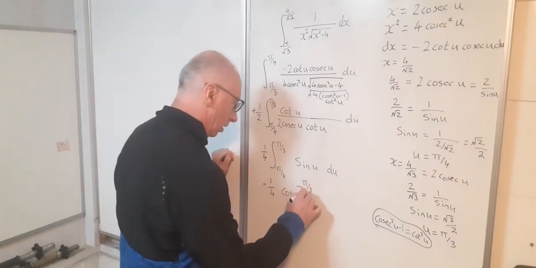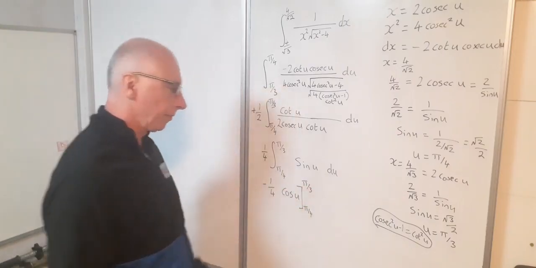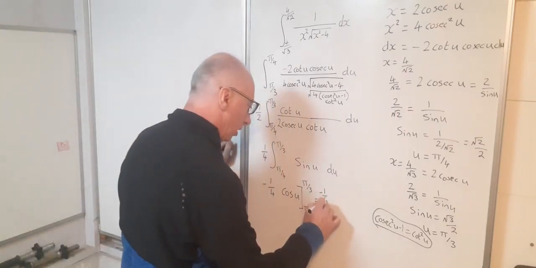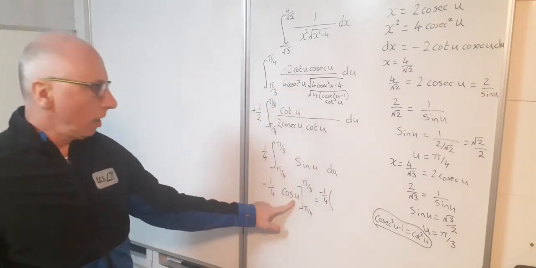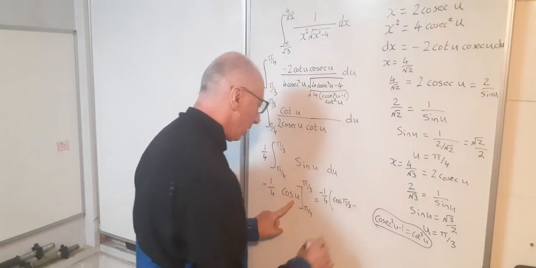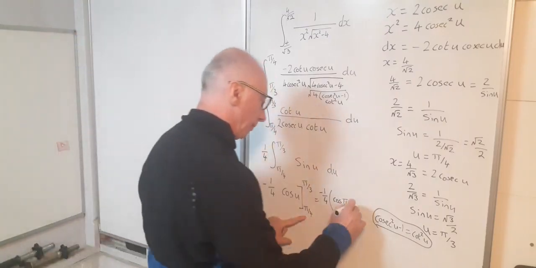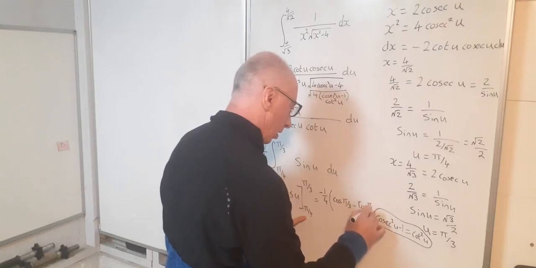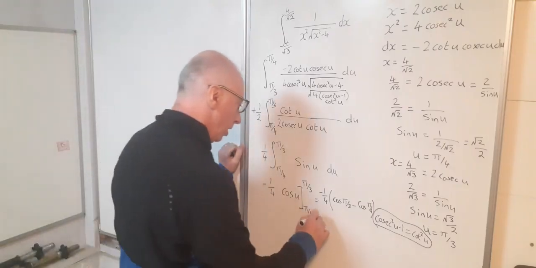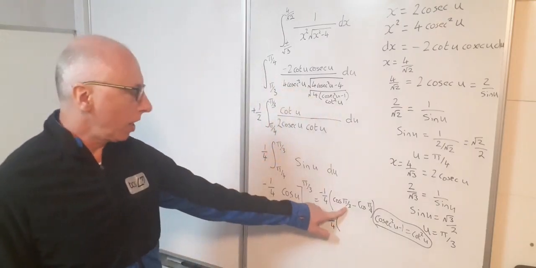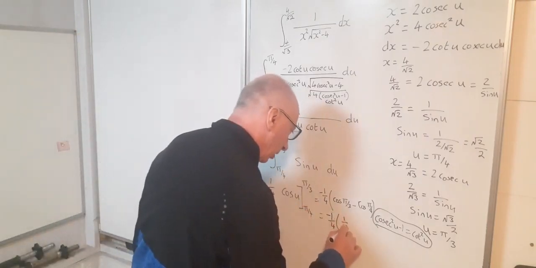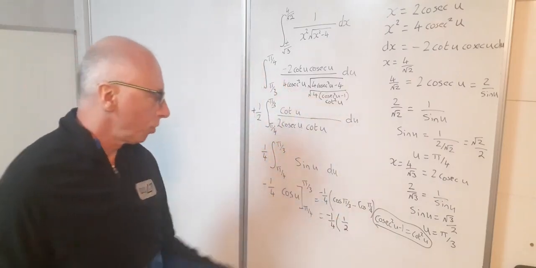Okay. So now, what have I got? I've got minus 1/4 times cosine of pi over 3 minus cosine of pi over 4. Cosine of pi over 3 gives me a half, and cosine of pi over 4 is √2 over 2.